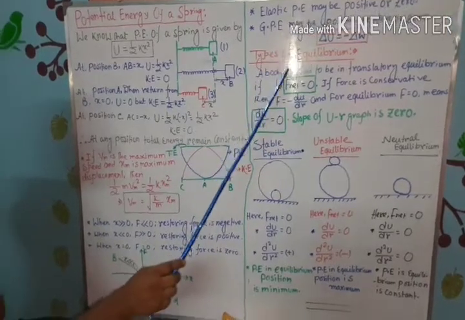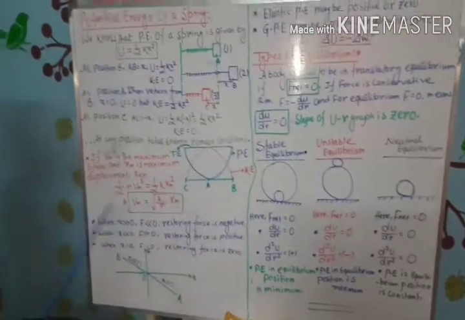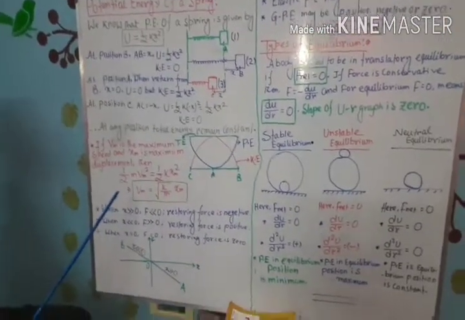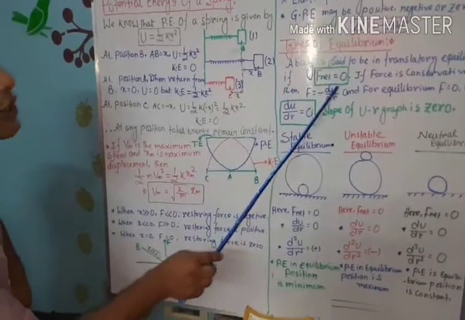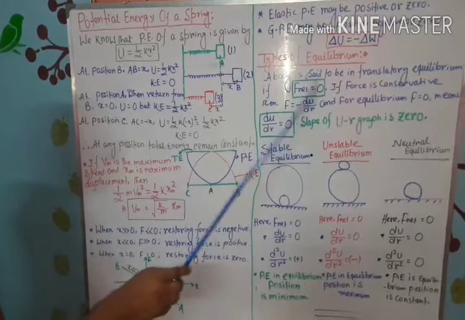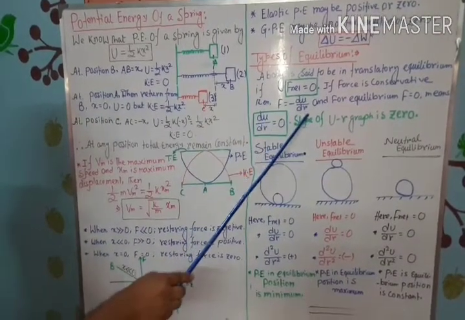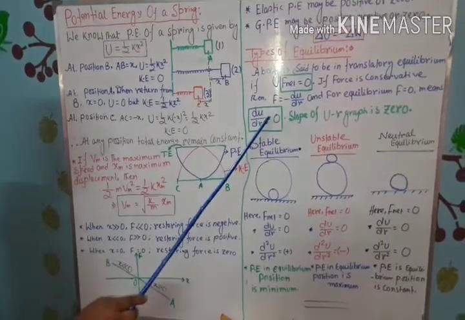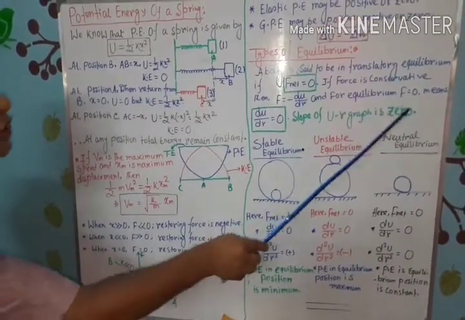Now if this force is a conservative force, then from the relation between conservative force and potential energy, we know that F equals minus dU by dr. As for equilibrium the force F is 0, from this we can say dU by dr equals 0, which means the slope of your graph is 0.